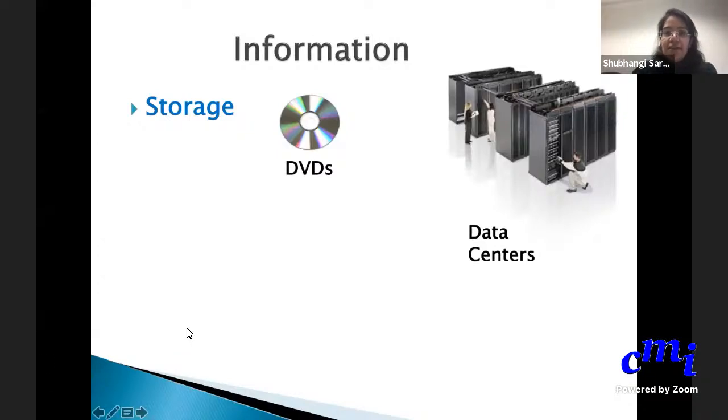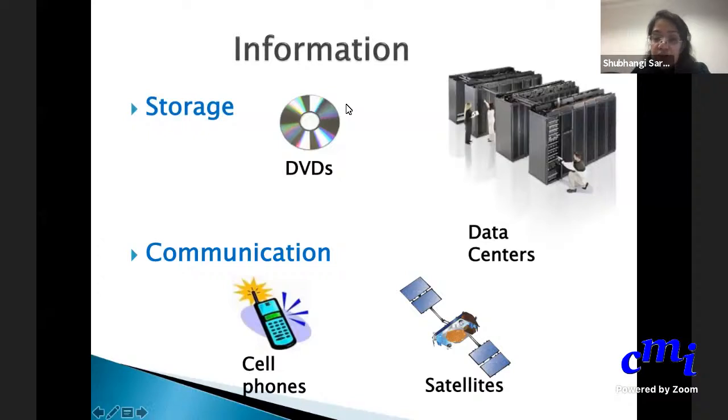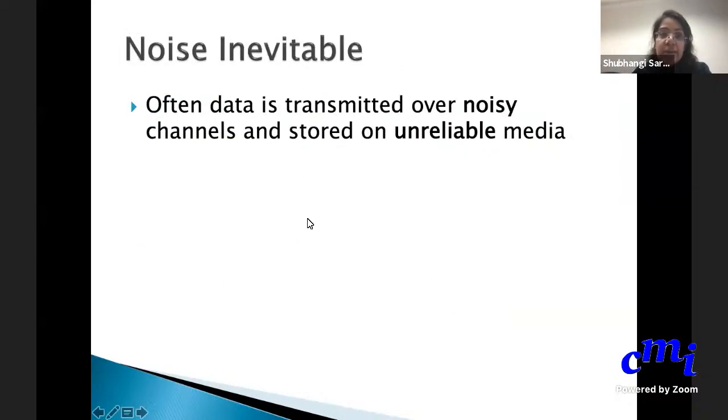Okay, great. So the setting which I want to talk about is where you have a huge amount of information. There's information which gets stored on DVDs or data centers. There's information which gets communicated via cell phones or satellite. And in such situations, noise is inevitable.